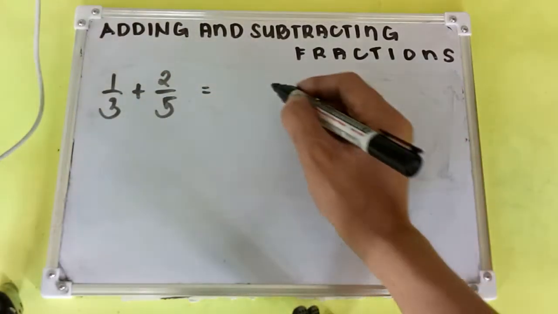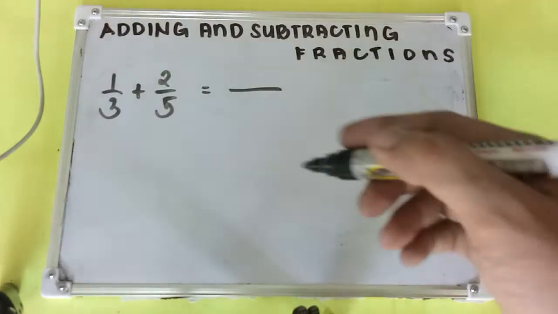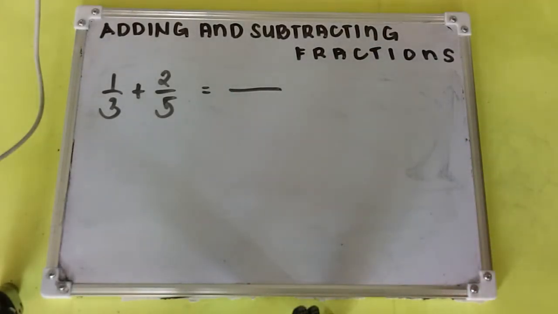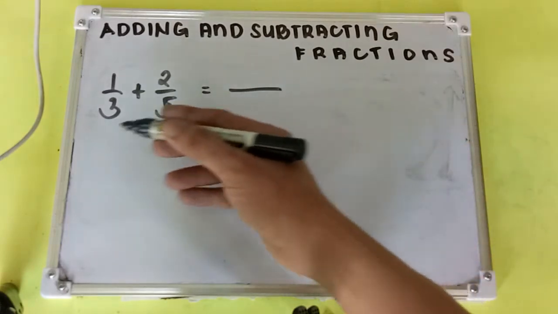So mag-iisip tayo ngayon, ano ang ilalagay natin sa baba? So application na rin sa algebra kasi ganito lang rin yung ginagawa sa algebra. Kahit anong value ang gawin nyo, wag nyo nang hanapin yung LCD. Though LCD talaga ang ginagamit, pero ang technique lang dyan, just multiply the denominators. Mas madali yun.